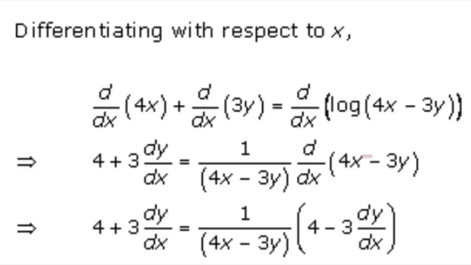So, here we will get 4 plus 3 into dy upon dx is equal to 1 upon 4x minus 3y into 4 minus 3 into dy upon dx.